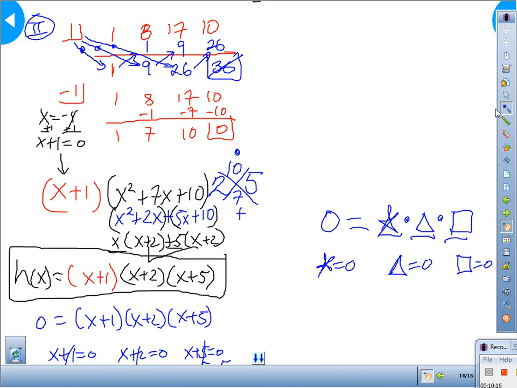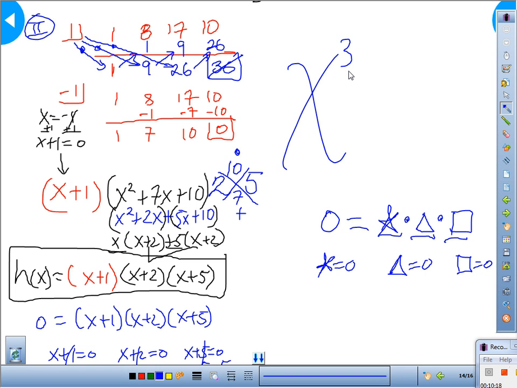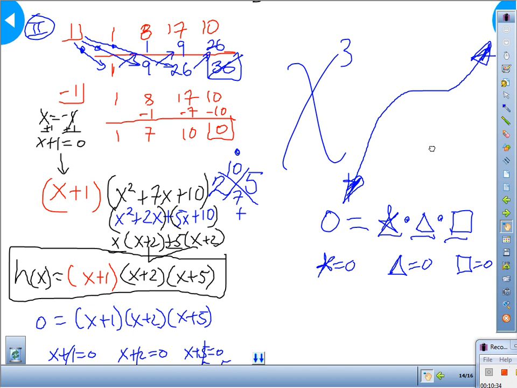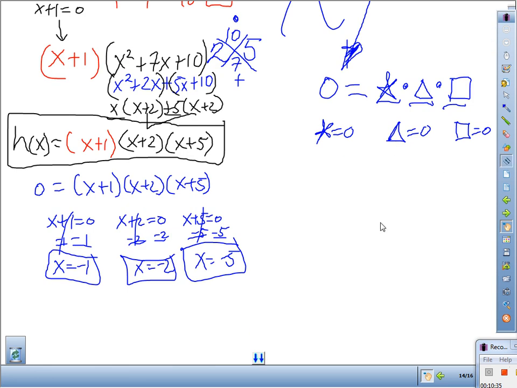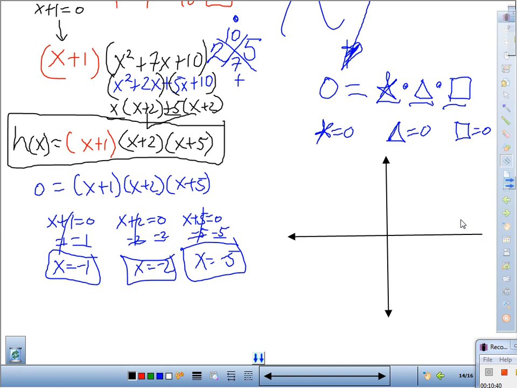What does a graph of a cubic function look like? It looks like that. It starts down here. There's something going on here, and then it ends on the other side over here. So this is the graph for this one. Let me show you what it looks like. Negative 1, negative 2, negative 5.